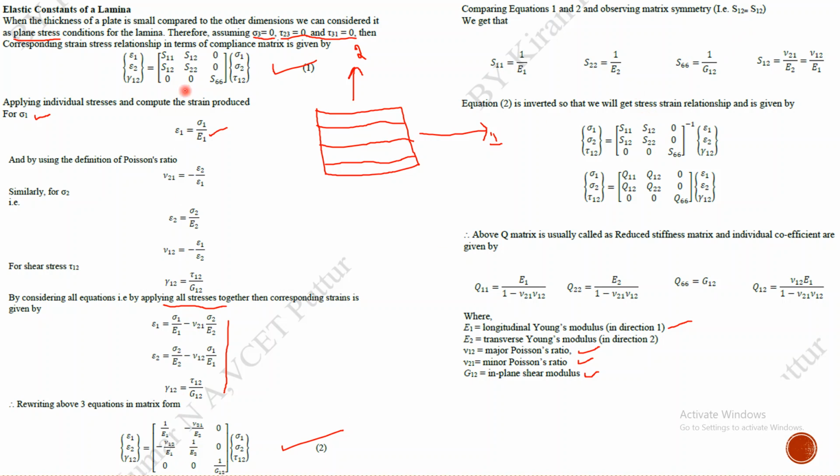And what about S22? S22 is 1 divided by E2. If I relate that, then we find the compliance matrix values in terms of the engineering constants.